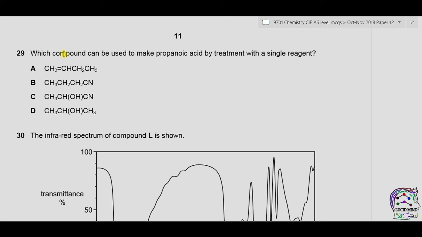Question 29. Which compound can be used to make propanoic acid by treatment with a single reagent? Propanoic acid is a 3 carbon carboxylic acid, CH3, CH2, COOH. First one is an alkene. Now an alkene can be oxidized by hot concentrated KMnO4. So this double bond will be broken down and this carbon is converted into carbon dioxide as this has 2 hydrogen atoms in it.